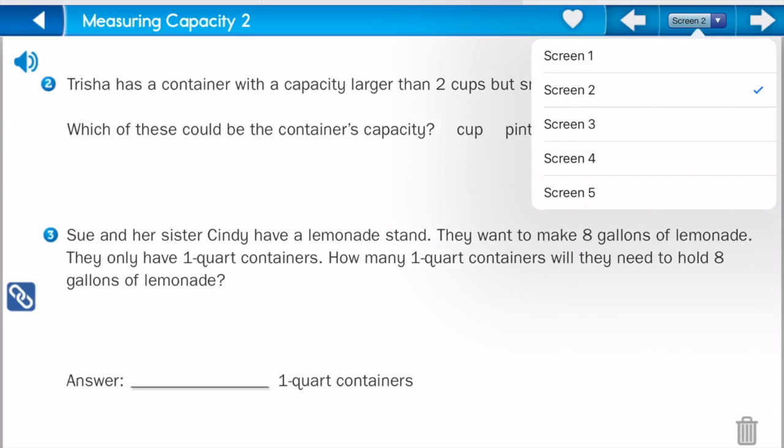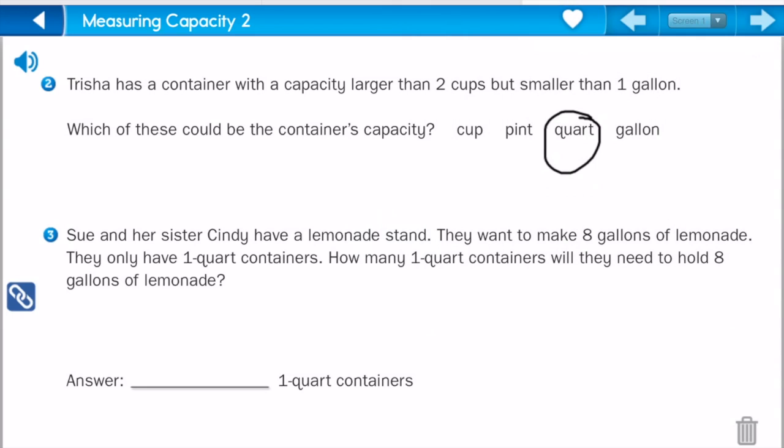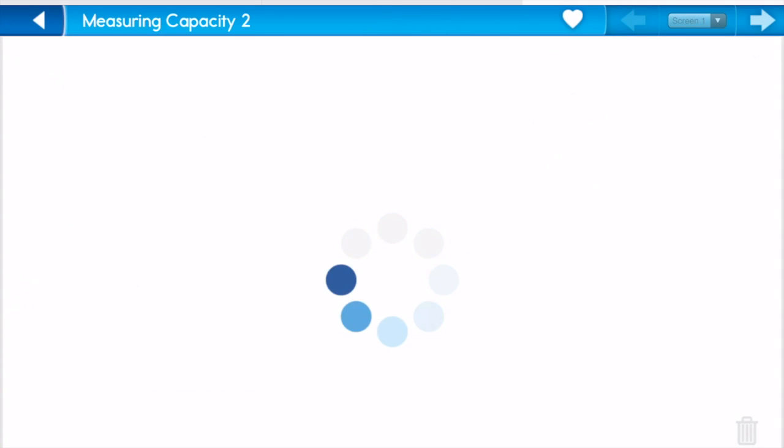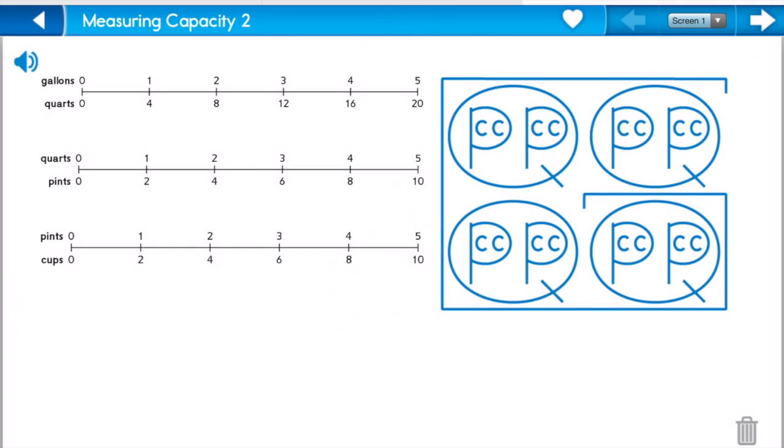So let's go look and see how many quarts are in 1 gallon first. We can also look over here. Gallons and quarts, we can look up here at this top one. So we can see that there are 4 quarts in 1 gallon.